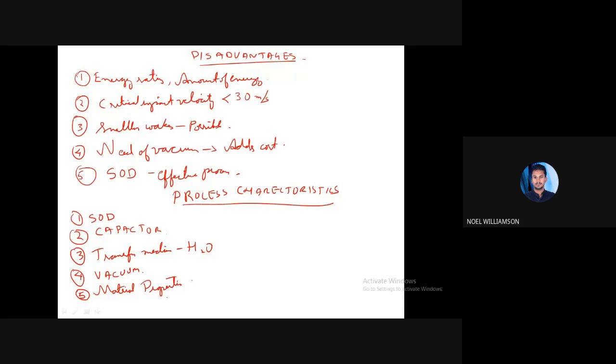Now finally, we will see the applications. What are the application areas of electro-hydraulic forming? So where is it applicable? Mainly in the radar dish, or some cone-shaped products which are thinner and smaller.